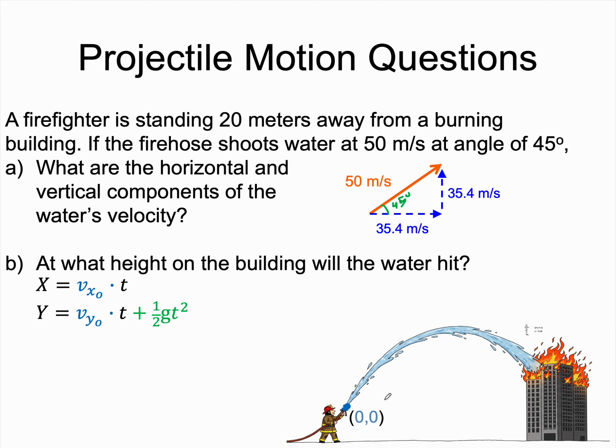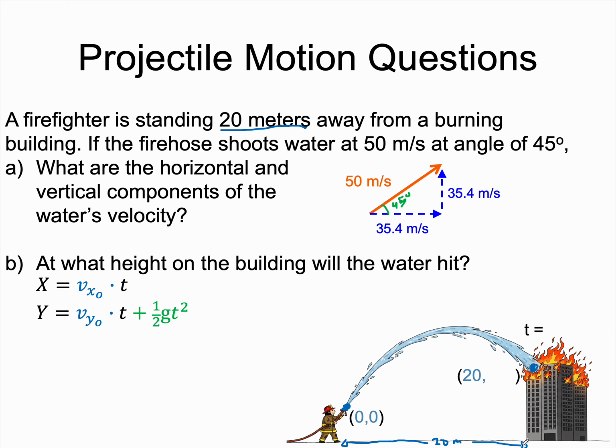To solve this, we've got to figure out what time the water is going to hit the building over here. And you might say, wait, I don't know anything about that point. Well, read the question again. The firefighter's standing 20 meters away from the building, which means if we set that as the origin, we know that by the time the water hits the building, its x-coordinate is going to be 20.